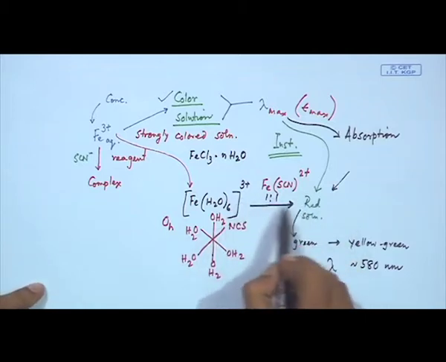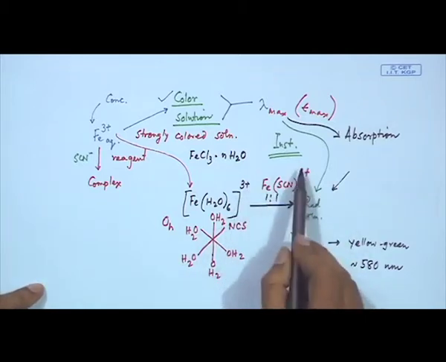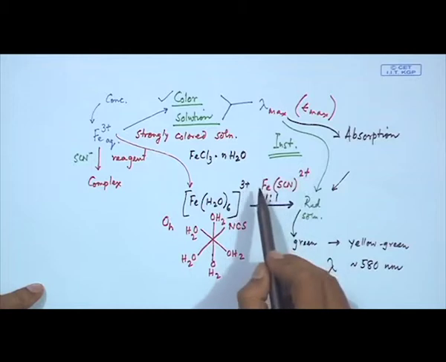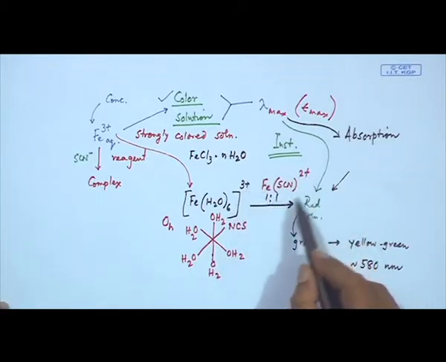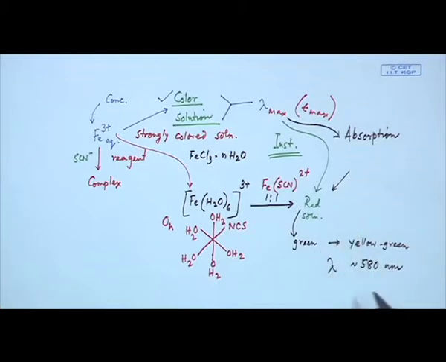When the stoichiometry is controlled, you generate this particular species in solution, the red solution, and you determine whether you have the corresponding absorption at 580 nanometer or not.